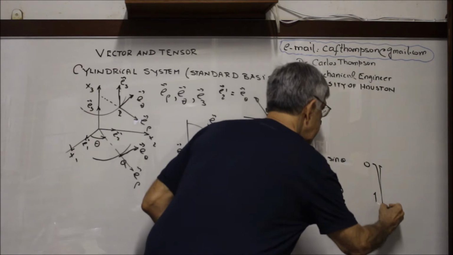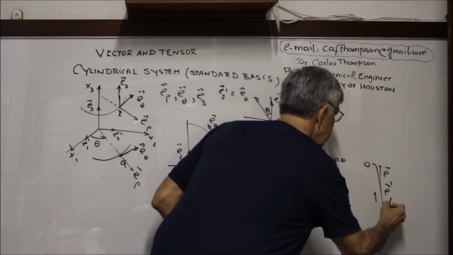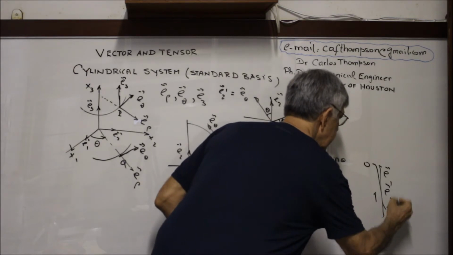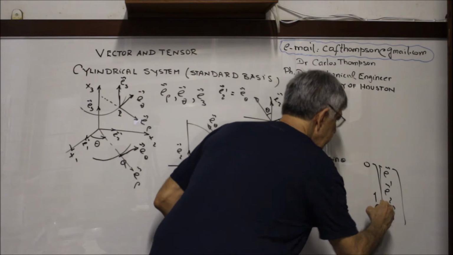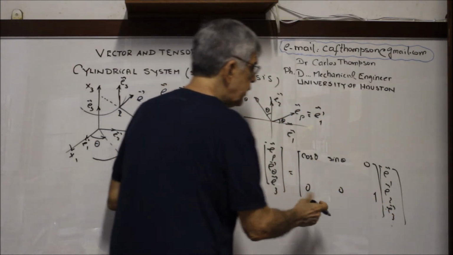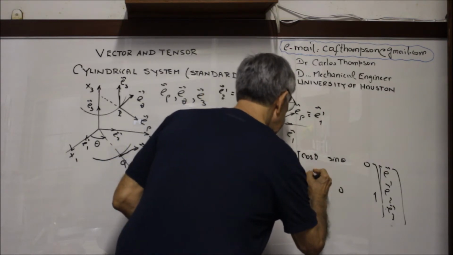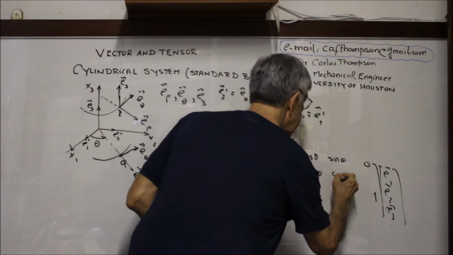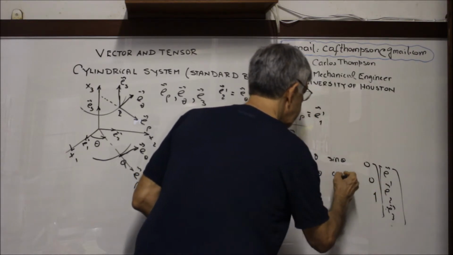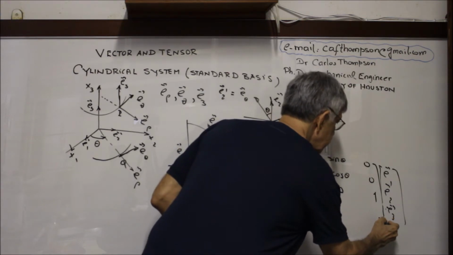Now, here is E1, E2, and E3. That's a 3 by 3. Now, the second row: this is minus sine of theta, this is cosine of theta, and this is 0.